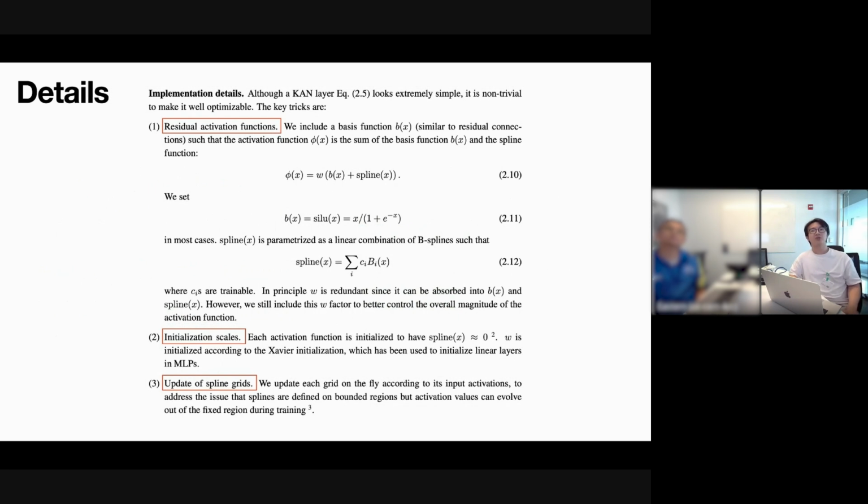And finally, because we use splines to parameterize these 1D functions, and for splines we usually have a bounded region of inputs, we need to address this question, because in neural network training, the inputs of later layers can be evolving in training. So we want to update the spline grids on the fly to accommodate that, to make sure that the grids will always support all the incoming activations.